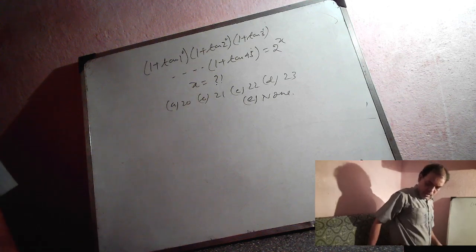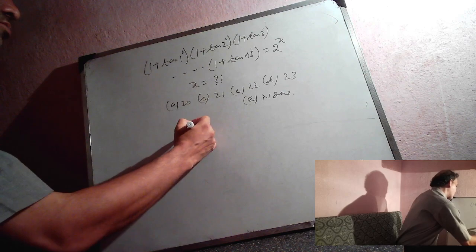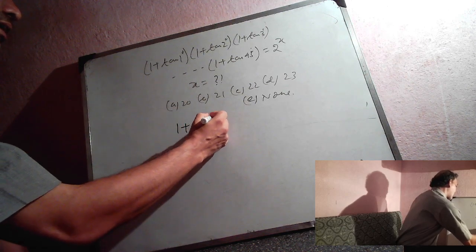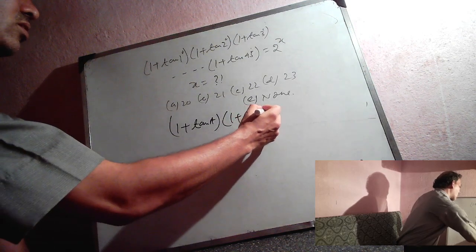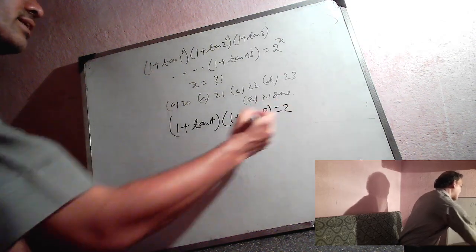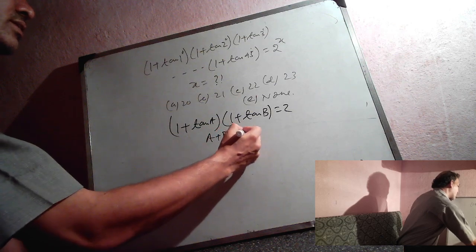We have a formula. In the previous class, we discussed that (1 plus tan A) into (1 plus tan B) equals 2, provided A plus B equals 45 degree.